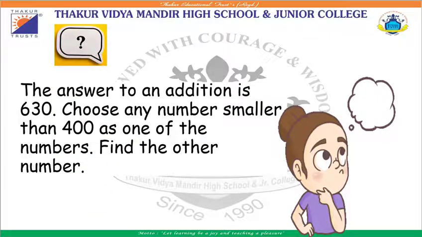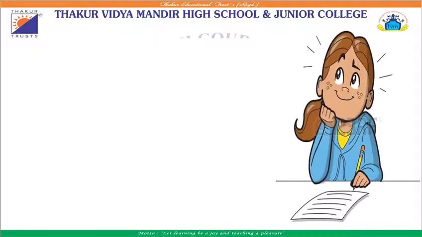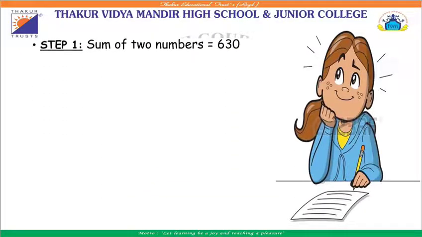Another word problem. The answer to an addition is 630. Choose any number smaller than 400 as one of the numbers. Find the other number. Your first step will be sum of two numbers is equal to 630. Now let us assume one number as 315.